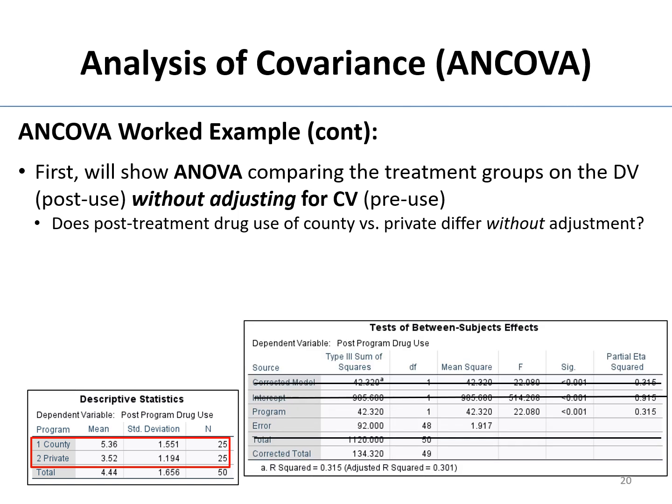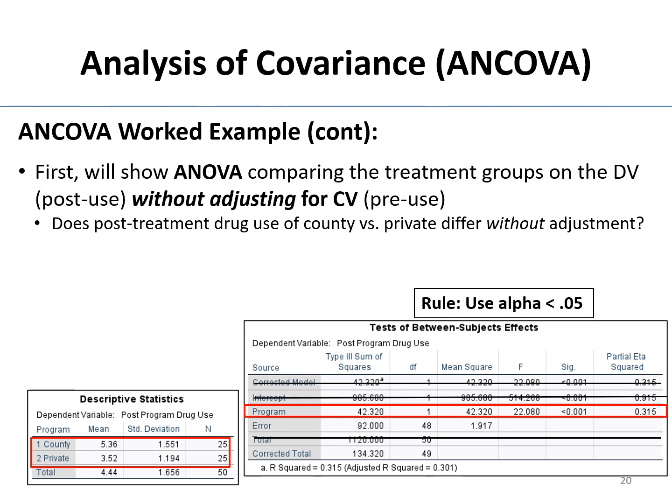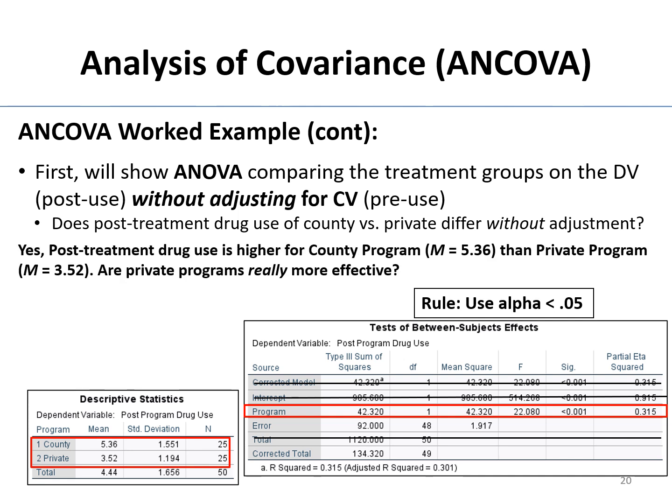Here's the result of the analysis. You can see there's a row for program and a row for error. Program represents the effect of the independent variable. Our rule is to look at the sig and see if that sig is less than 0.05. If so, we're going to say yes, there's a difference between the county and the private programs in their subsequent drug use.